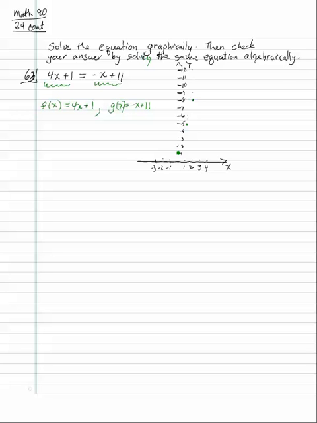Get my ruler out here. Okay, so that's f of x.